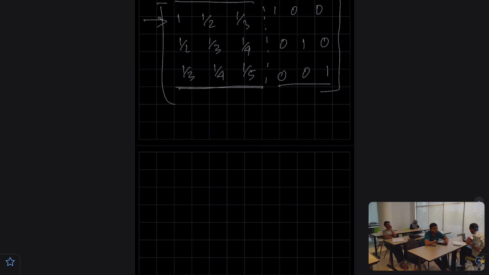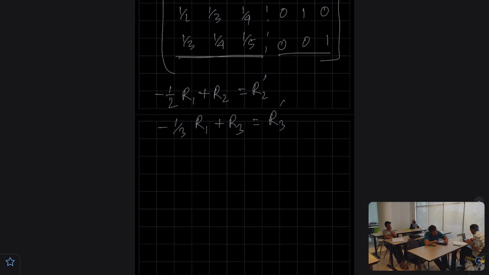No, because the first non-zero entry is already 1. That means this is the leading one for the first row. For the second and third rows, I multiply minus 1/2 with row 1 plus R2 equals R2 prime, and minus 1/3 R1 plus R3 equals R3 prime.